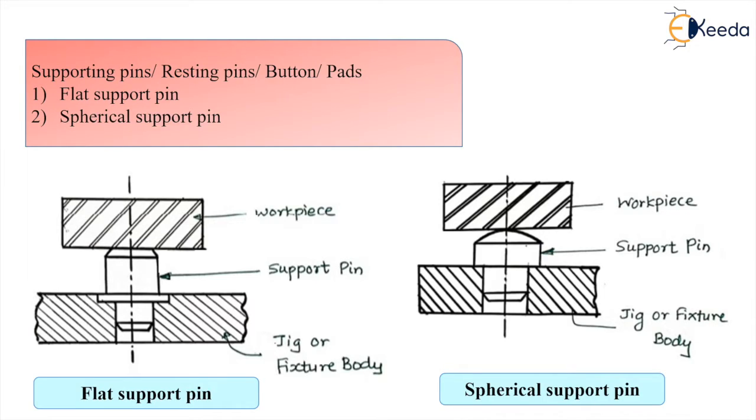See here, the type of locator actually used for locating the flat machined faces of the component. This is a flat support pin. Okay, then we are also using the spherical support pin. See, this is the support pin, this is the workpiece, and this is getting into the jig or fixture body. This is a fixture body, this is our pin, this is our workpiece.